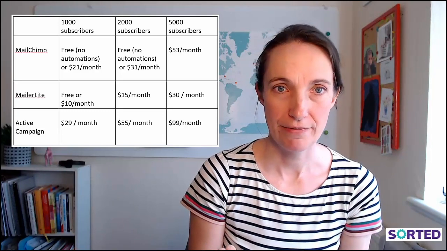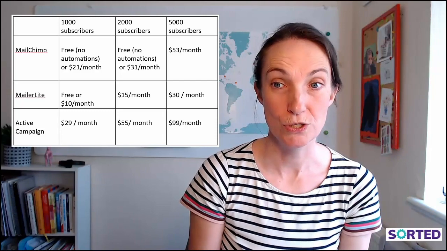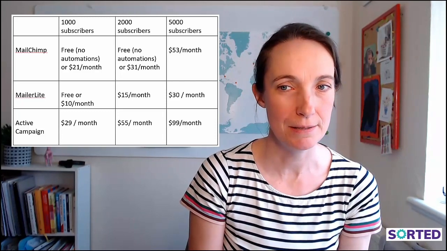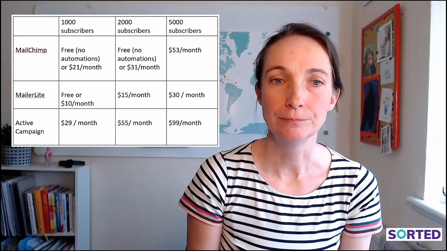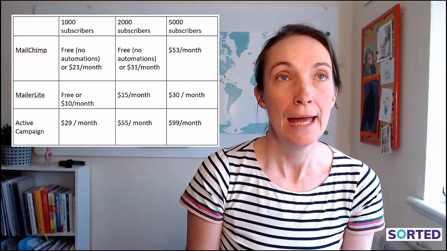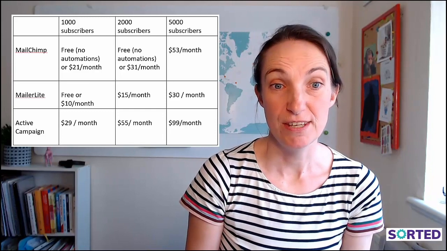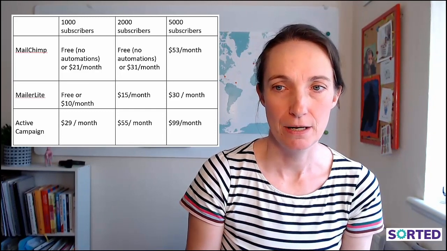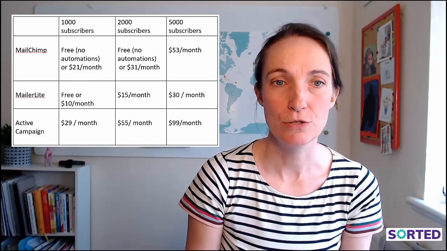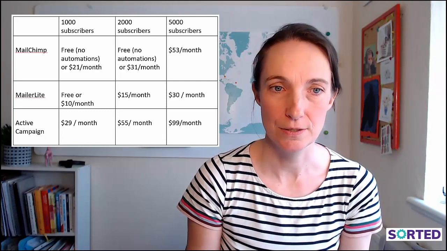Also, you don't get their live chat support, which is amazing. You would have to use the email support. Still quite good though. And you can't schedule to send by time zone. So those are 3 things you wouldn't get on the free version for MailerLite. And if you were paying, so you wanted the extras, it would be $10 a month.